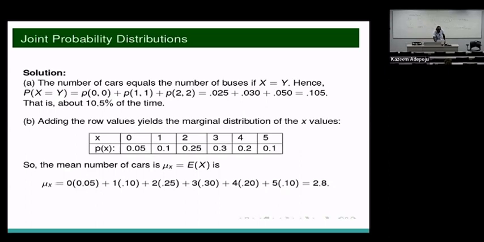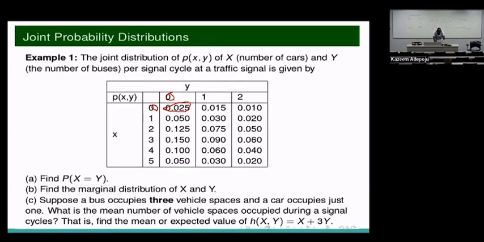What I did, if you look at this entry, is that it gives me the probability of x equal to 0. All I'm going to do is add up, over the range of y that I'm not interested in.